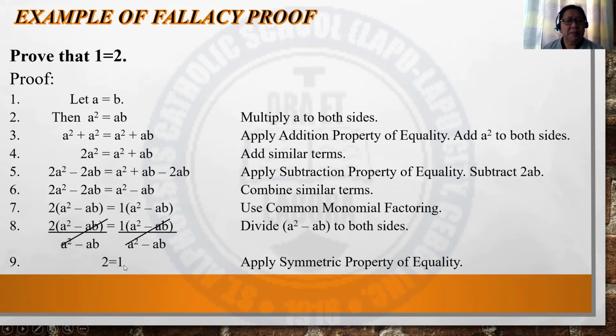Then we may just apply the symmetric property of equality, so we can have 1 is equal to 2. So by this time, we're able to prove that 1 is equal to 2. But this is impossible because 1 is not equal to 2. So this is an example of a false proof or fallacy proof.